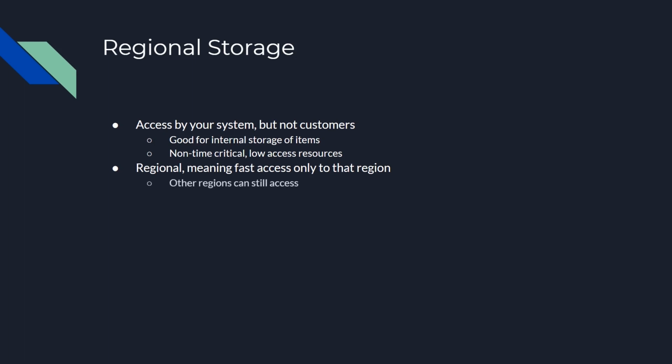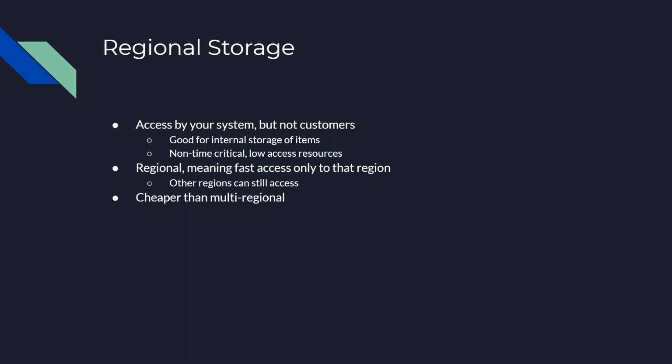And remember, other regions can still access it, so it's not like you're pigeonholing yourself in, and you can always upgrade your storage class or take it down a notch. It just depends on what you need, and your needs will change as your applications grow. So this is just one of the many options you can choose. And it's definitely cheaper than multi-regional.